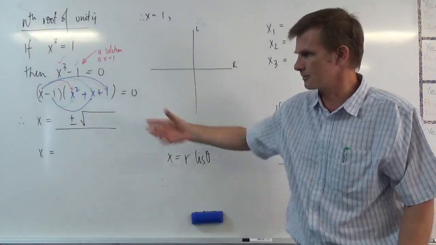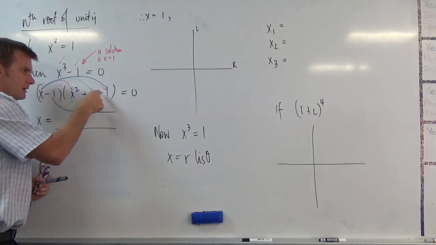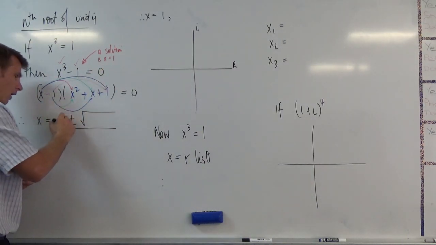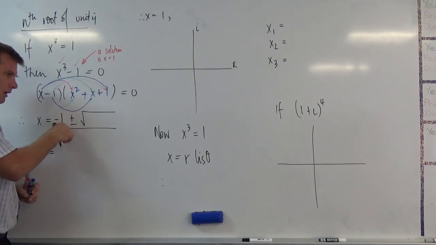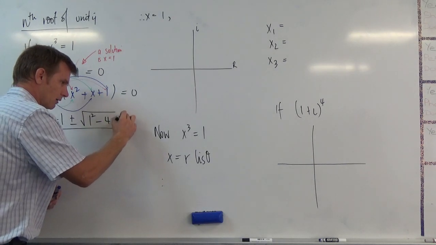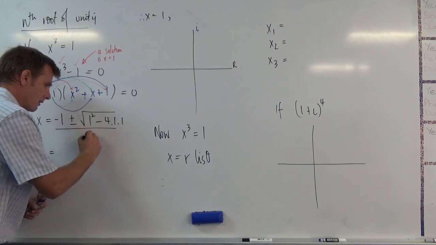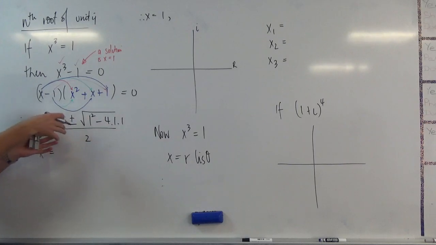Now it's a quadratic, so I'm going to use the quadratic formula. Follow along with me. Remember a, b, c, but they're all 1, aren't they? So it's going to be minus 1, sorry, that's b, plus or minus the square root of b squared minus 4 times a times c, over 2 lots of a. Okay? Because all the coefficients are 1, it's pretty easy here.